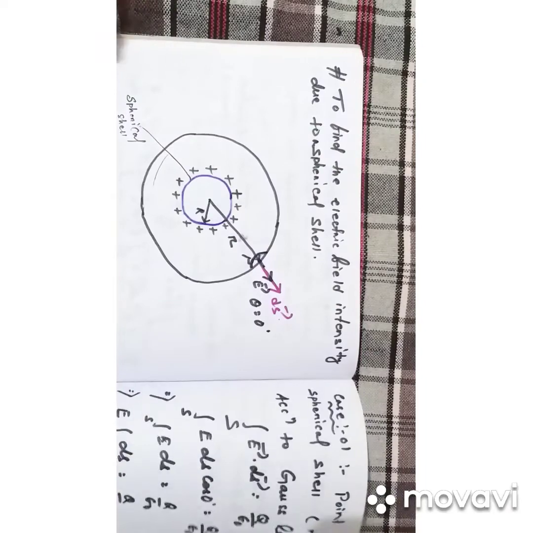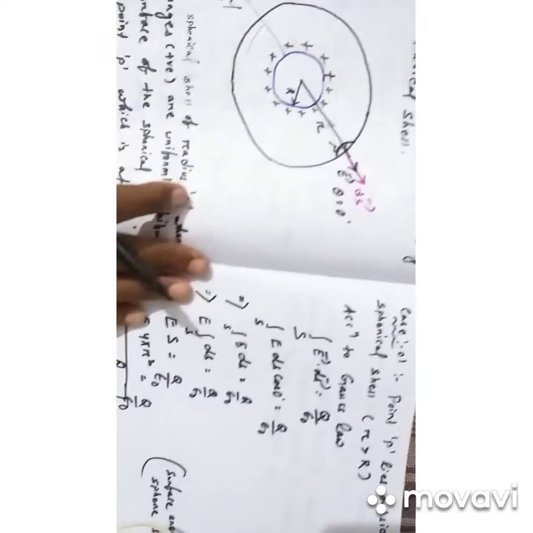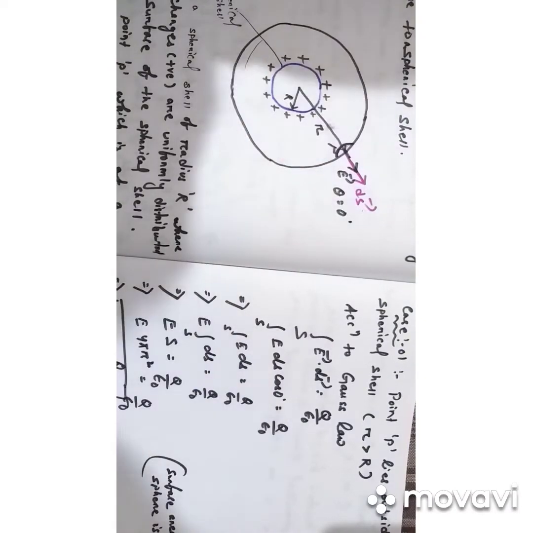From the above 3 cases, we know that the electric field intensity outside the spherical shell is Q by 4 pi r square epsilon naught. In the second case, on the surface, electric field intensity is given by Q by 4 pi capital R square epsilon naught.